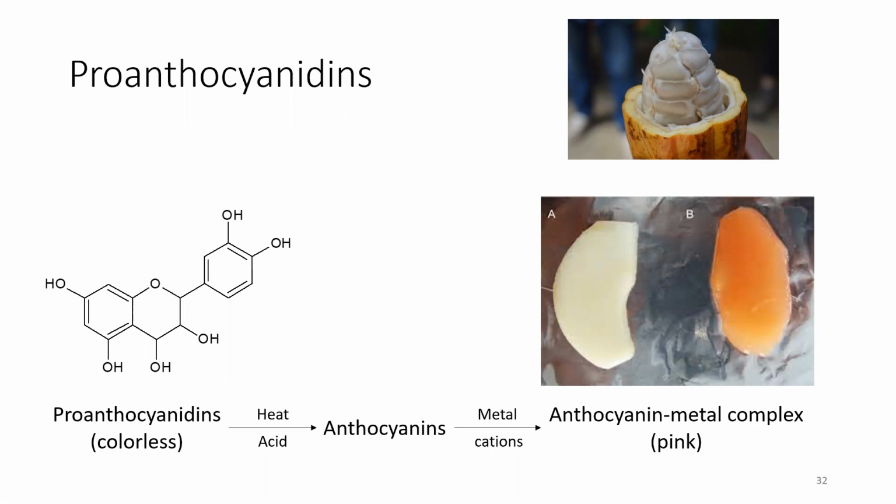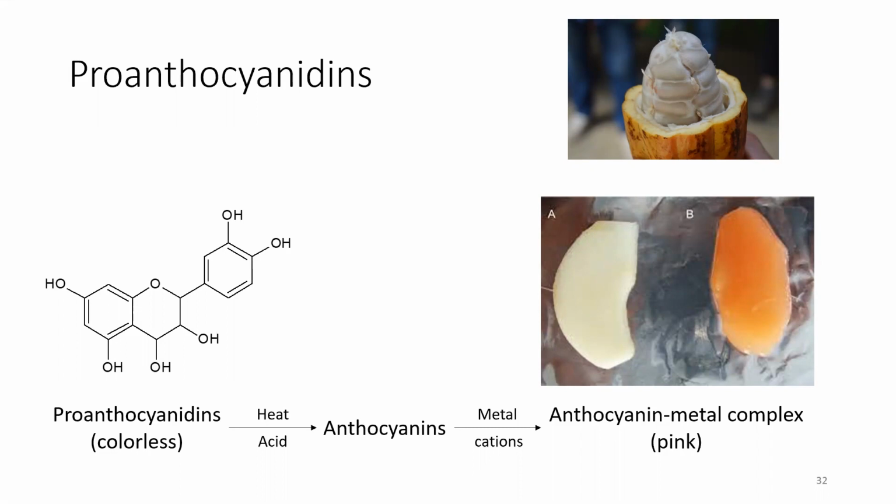So the next one is proanthocyanidins. And these are also colorless compounds. So I did mention, remember, that these phenolic acids, a lot of them are colorless. So here's an example of one that's colorless.